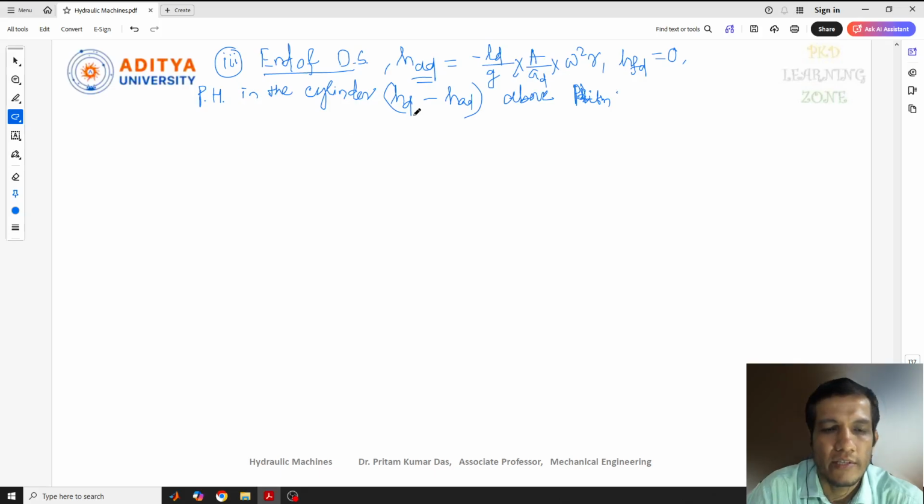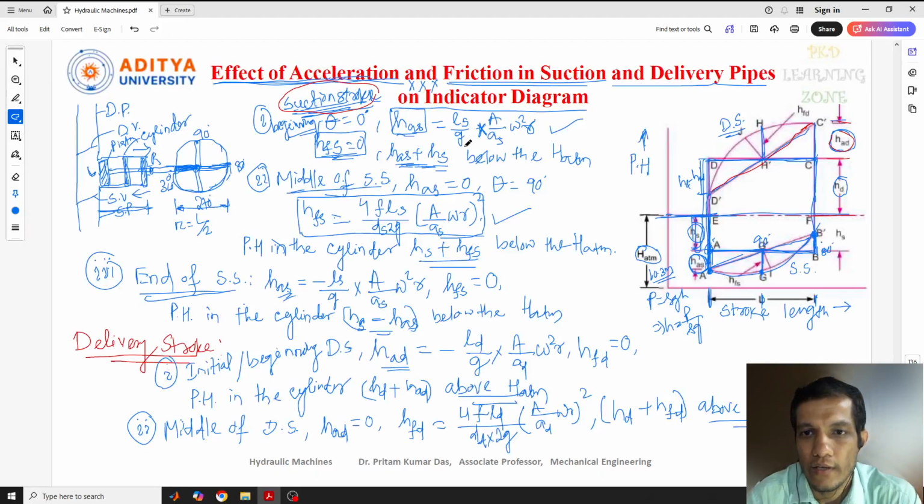Now the same thing is mentioned in the diagram. Already I told you previously, this is minus at the end of the delivery stroke. This is the starting of the delivery stroke, the middle of the delivery stroke, and this is the end. Similarly here also: starting of suction stroke, middle of the suction stroke, end of the suction stroke.